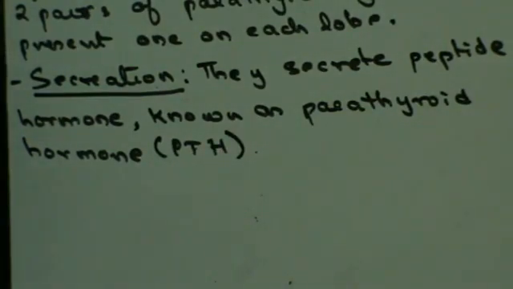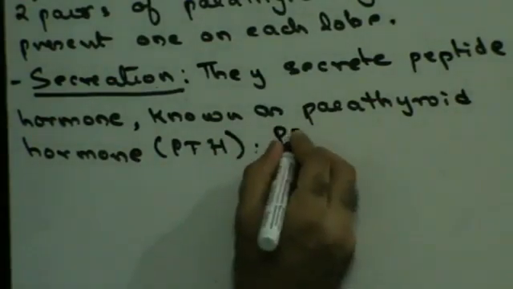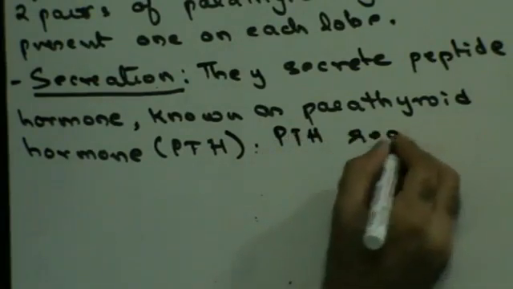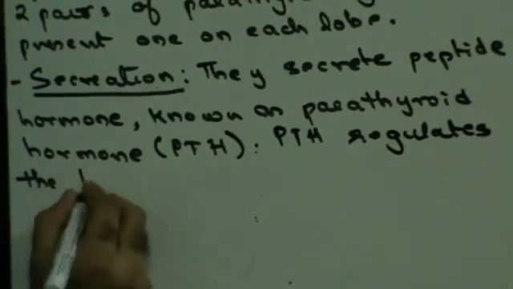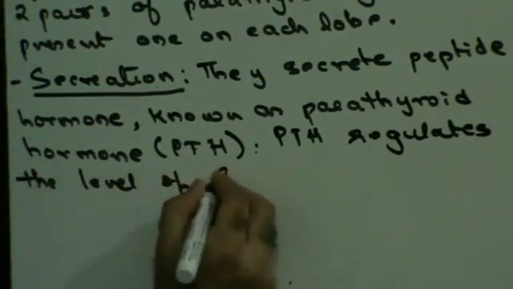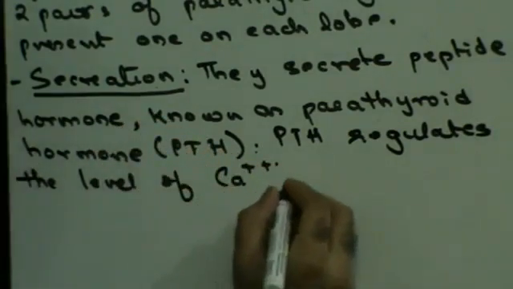Why do I need this hormone? The level of calcium in the blood is regulated by the secretion of PTH. PTH regulates the level of calcium ions in the blood.